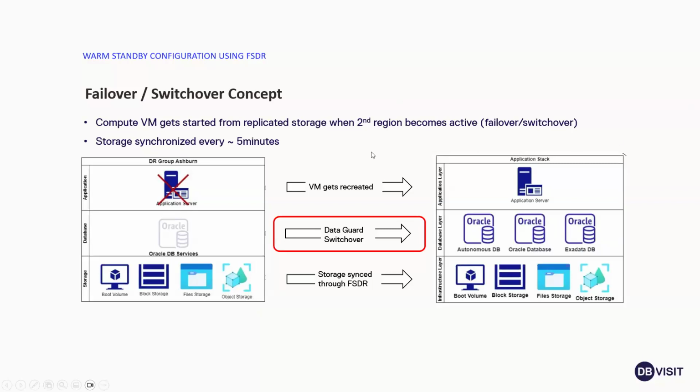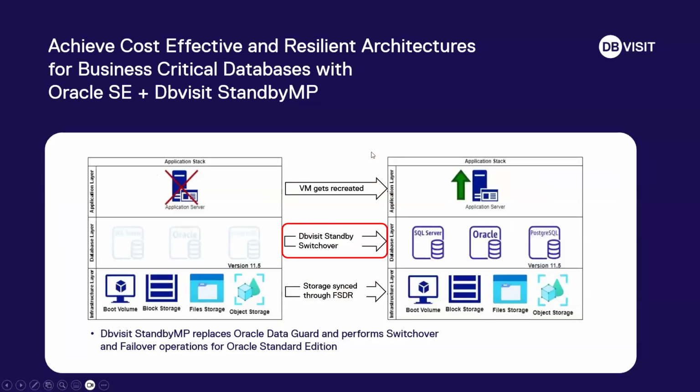When it comes to Dbvisit Standby, we provide you with a cost-effective, resilient architecture for your applications with your Oracle SE and Dbvisit Standby. We do exactly the same, but underneath, we use the Dbvisit Standby switchover and failover processes to do your switchover and failover.